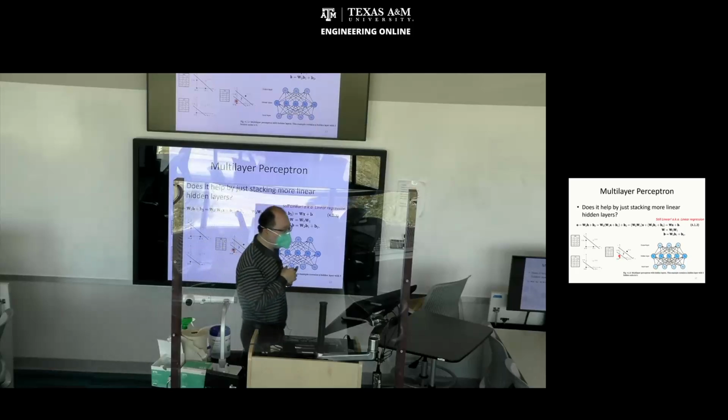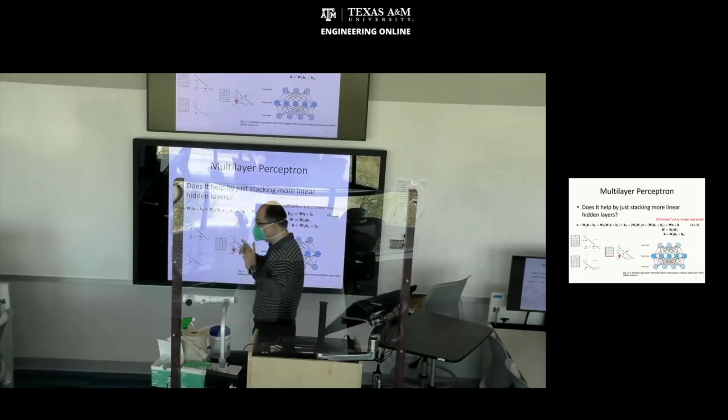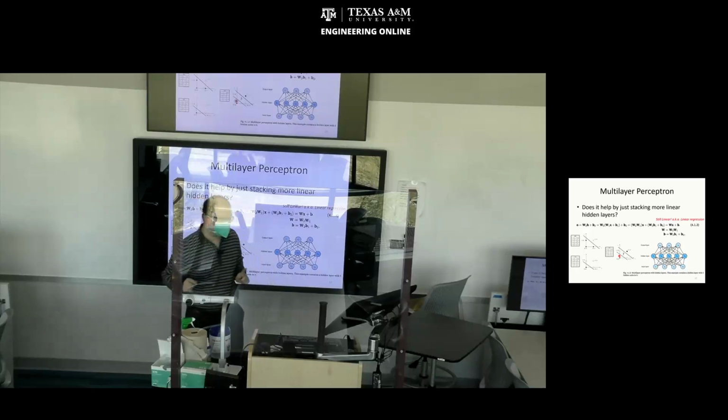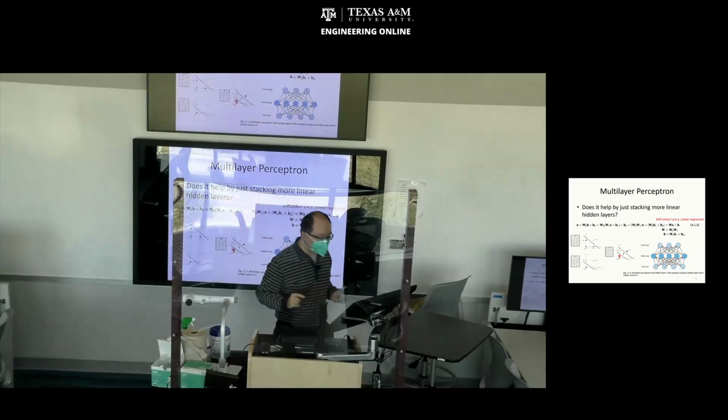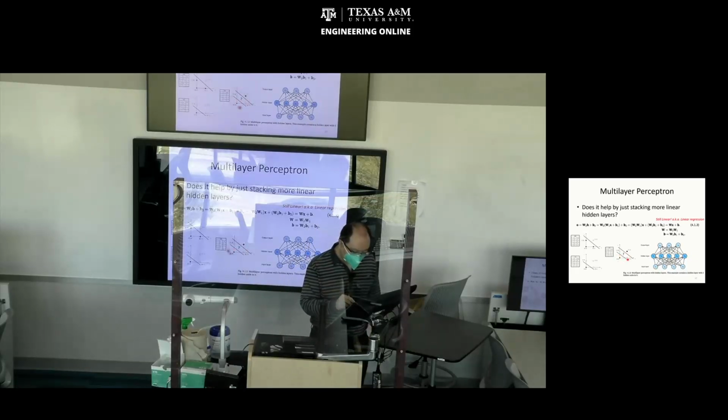And Marvin Minsky, whose name is now in the MIT CSAIL, Computer Science and Artificial Intelligence Laboratory, basically proved that you cannot train a single layer perceptron for this very simple XOR, exclusive OR function.